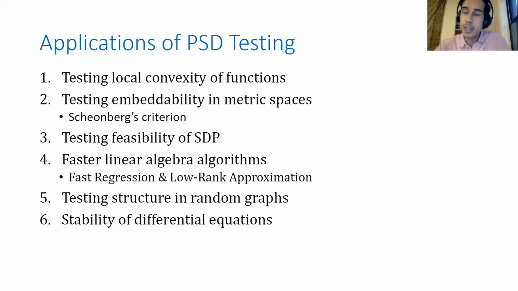Another important application is testing the feasibility of a semi-definite program, which has a constraint that the input point needs to be a PSD matrix. There are a number of other applications as well, but those will be discussed further in the paper.